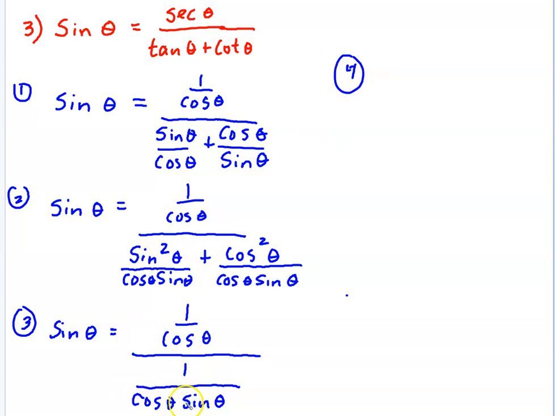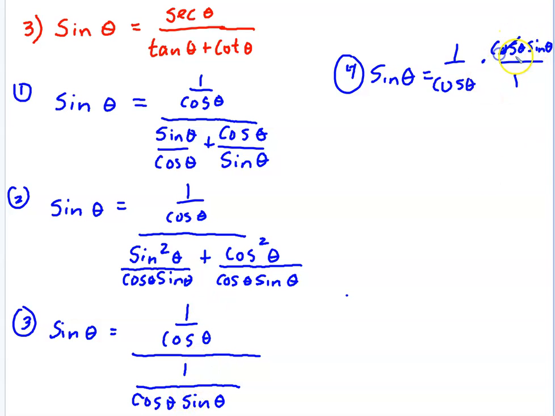Dividing by 1 over cosine sine is the same thing as multiplying by its reciprocal. So I'll put the left side back. Okay, so it looks like this: 1 over cosine theta times cosine theta sine theta, basically over 1. So flip that over and multiply.